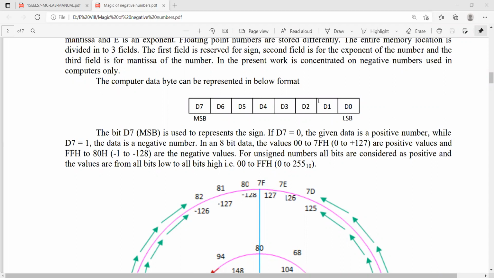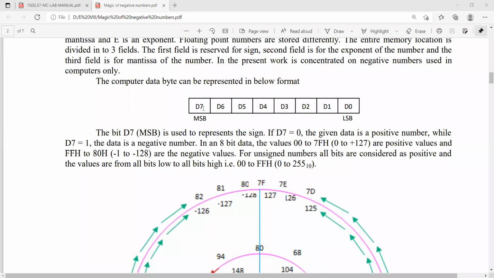If a negative number is concerned, only these 7 bits are used for the representation of the number, and this bit is reserved for the indication of the sign.